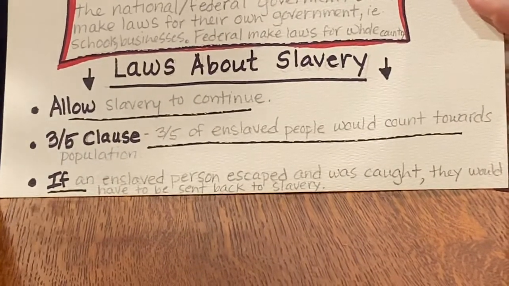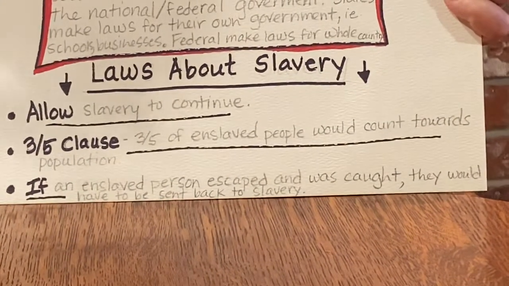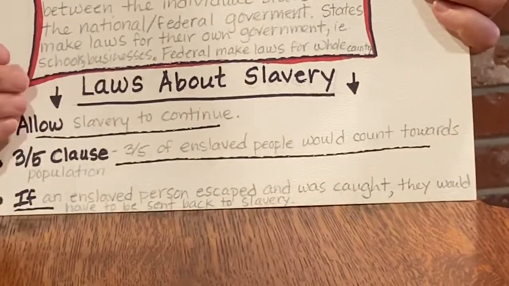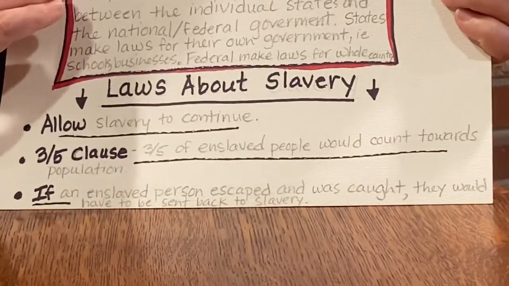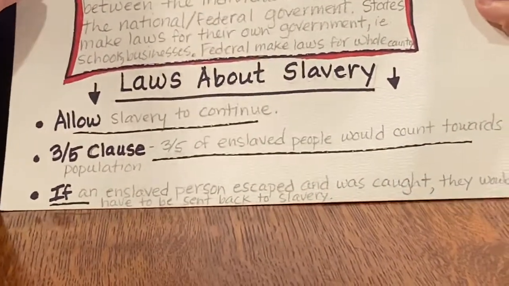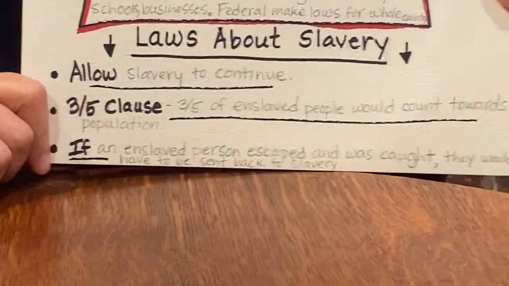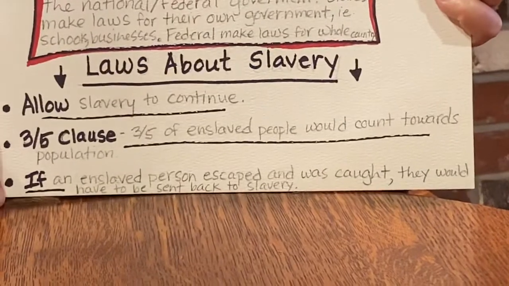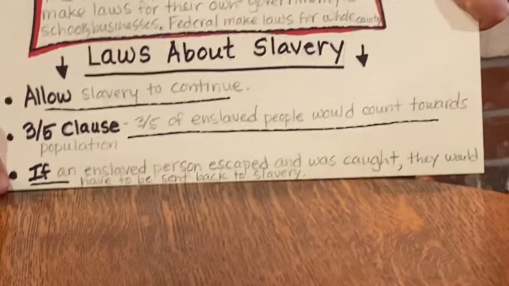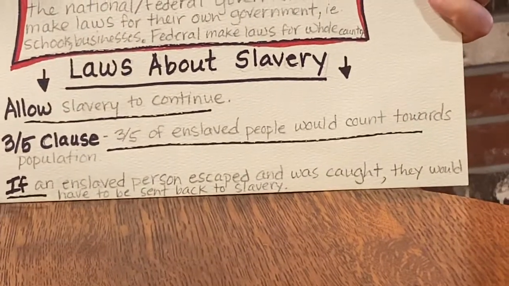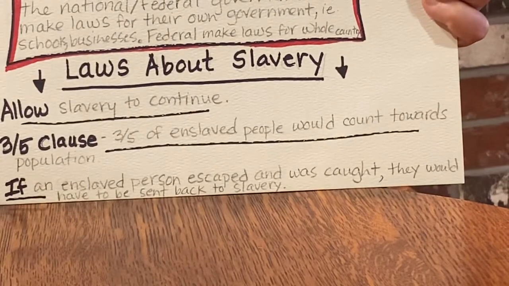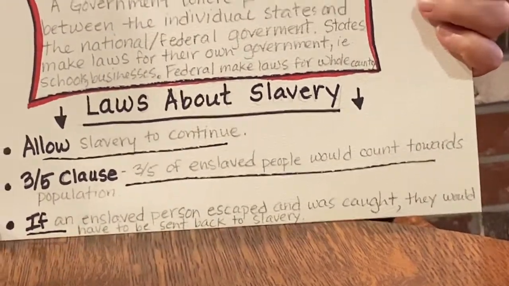They'd look at the number of slaves and count 3/5 of that number towards the population, which would then give them more representation in the House of Representatives. And then finally, if an enslaved person did manage to escape and they were caught, they would be sent back. They would not have achieved freedom through that brave act.